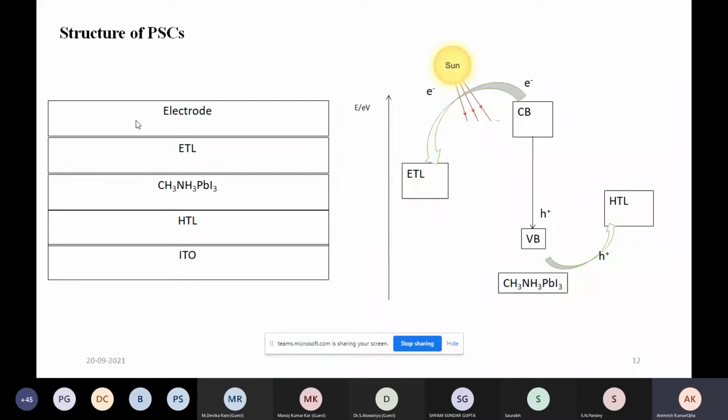And then I have one topic for discussion regarding the electron transport layer. I have also designed one electron transport layer which can protect this perovskite from degradation.